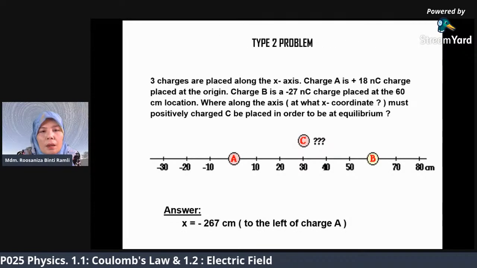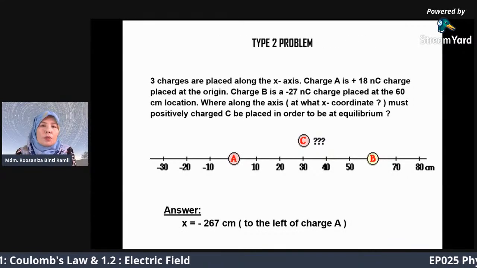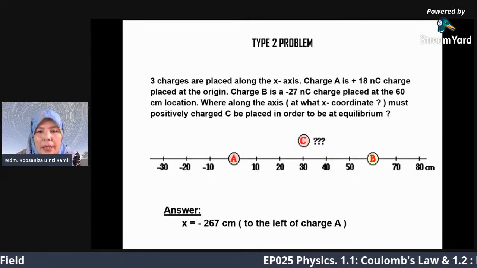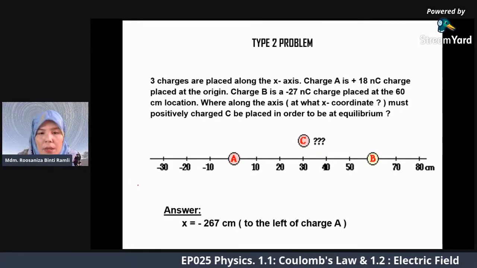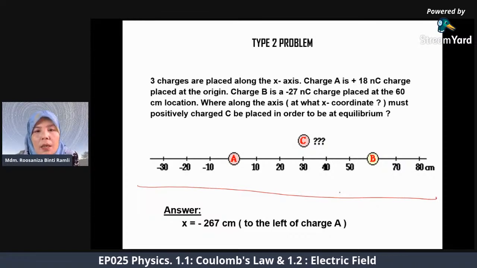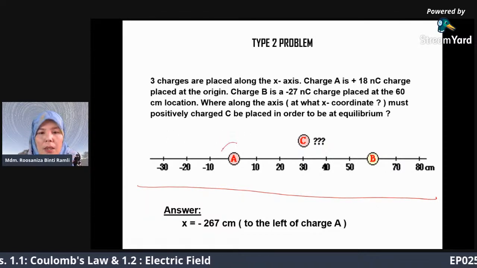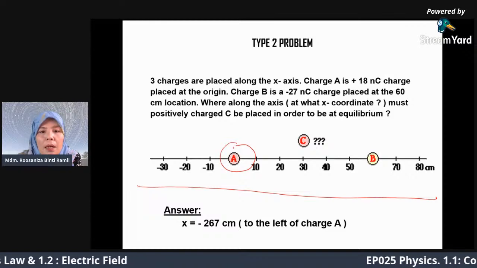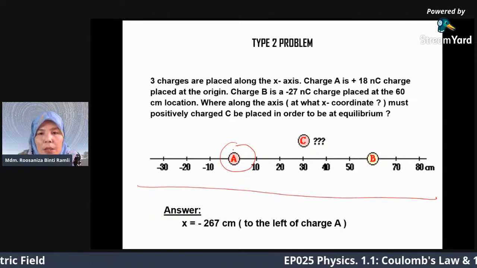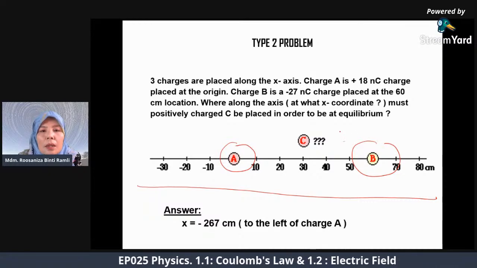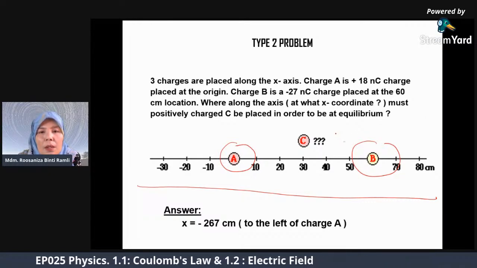Type 2 problems are when three charges are placed along the x-axis. This one we call the x-axis, and then charge A and charge B. Three charges are placed along the x-axis.